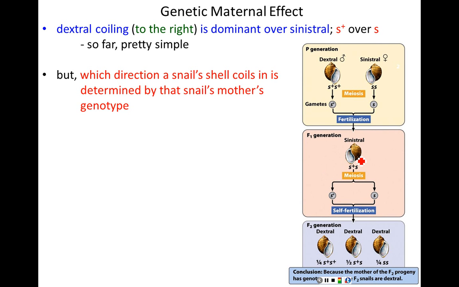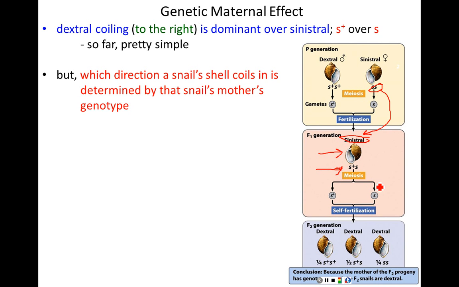Phenotypically, left-handed coiling. Recessive phenotype, dominant genotype. Why? Because the offspring phenotype reflects the maternal genotype. Because the mother was homozygous recessive, the child shows the recessive trait, regardless of their genotype.